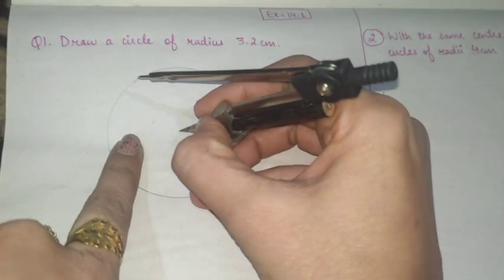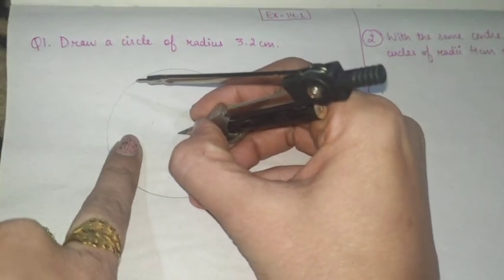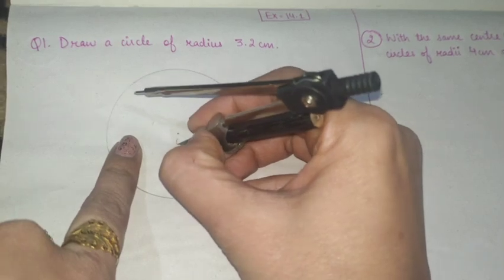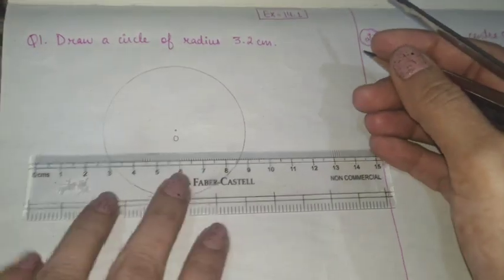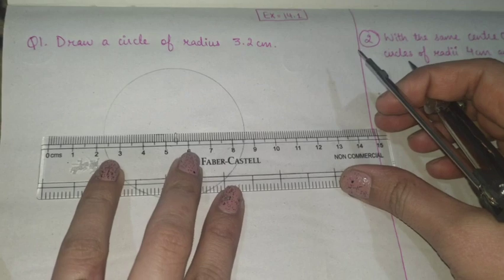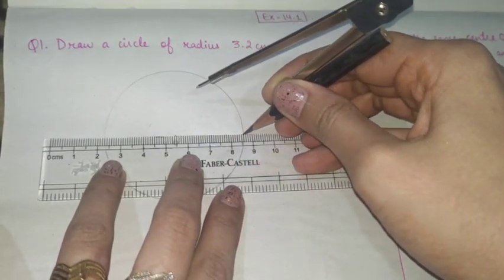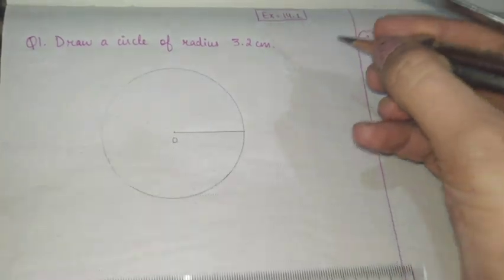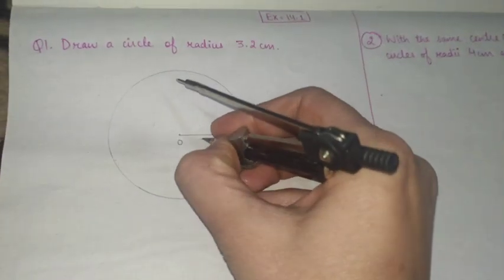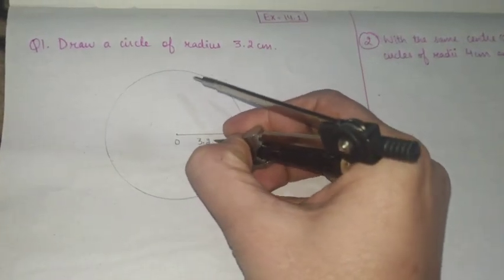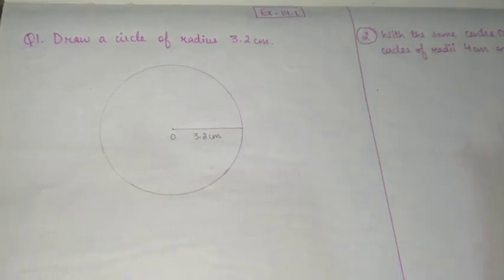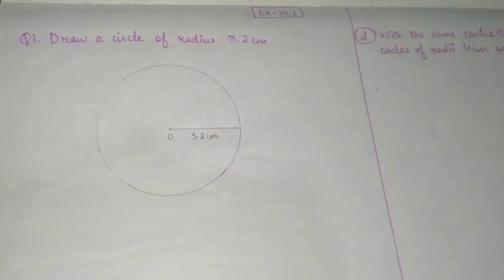So that's it. Where you kept the pointer is a point called the center, and any line from the center to the boundary of a circle is the radius of that circle, and here it is 3.2 centimeter. So that's how you're supposed to do the question 1.